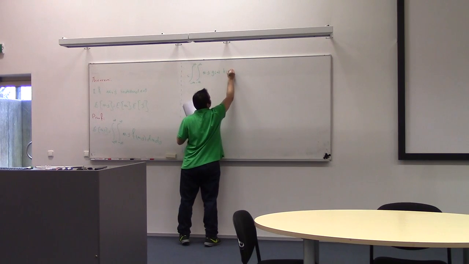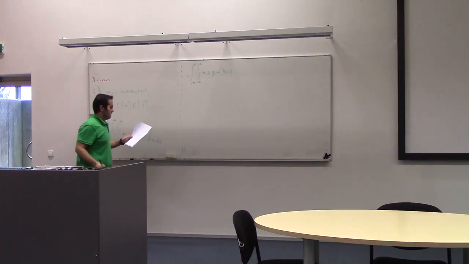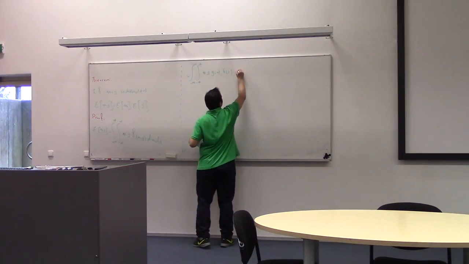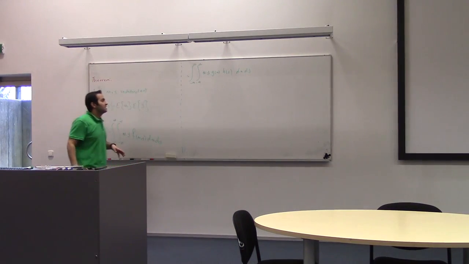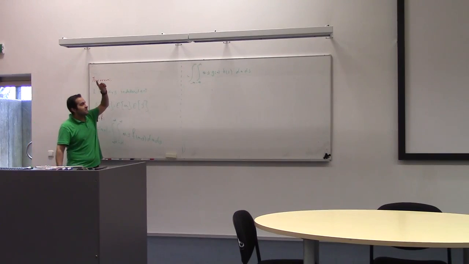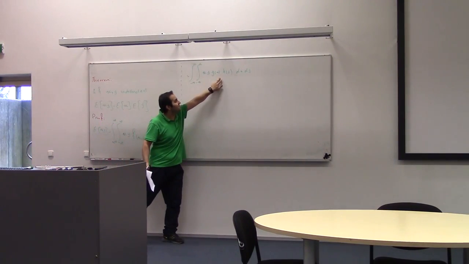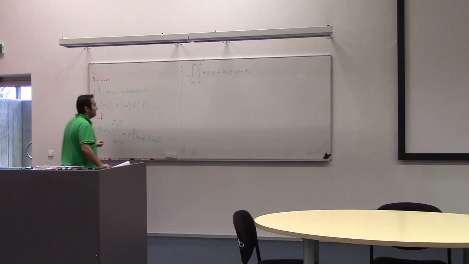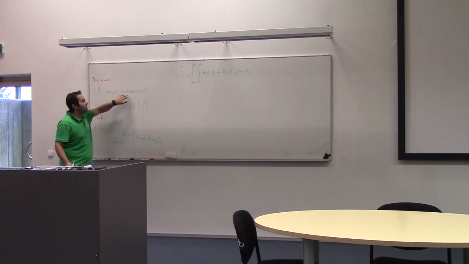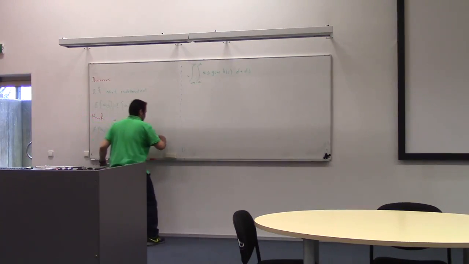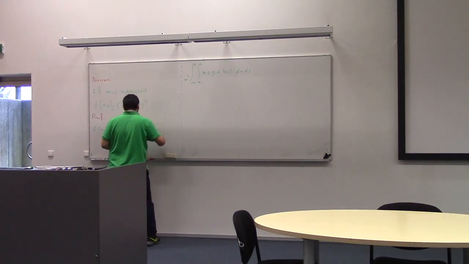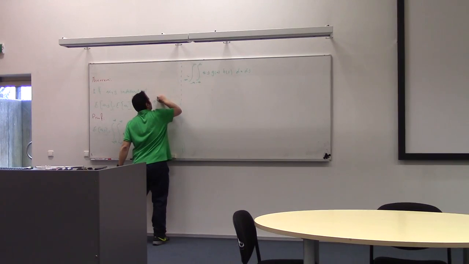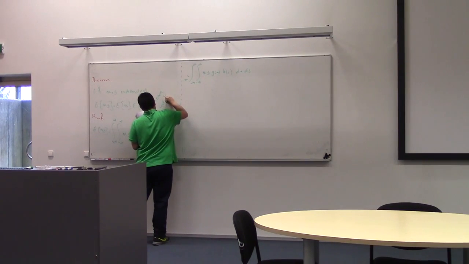g x, h y, dx. We can just write this in the case of x and y independent. It means from here to here, we are using independence.